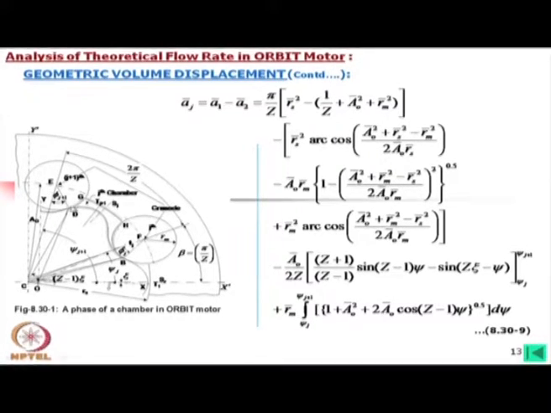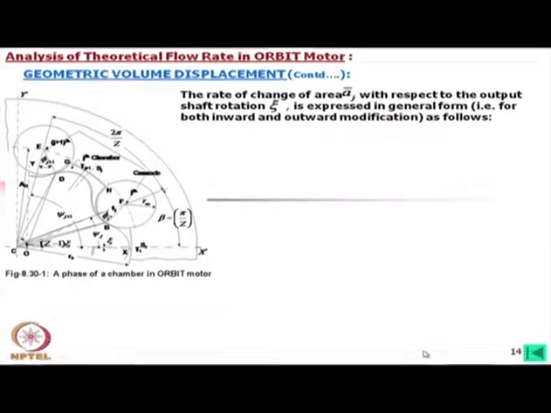If we consider the next chamber, we have to take all such values accordingly. The rate of change of this area with respect to the output shaft rotation is expressed in general form for both inward and outward modifications as follows.